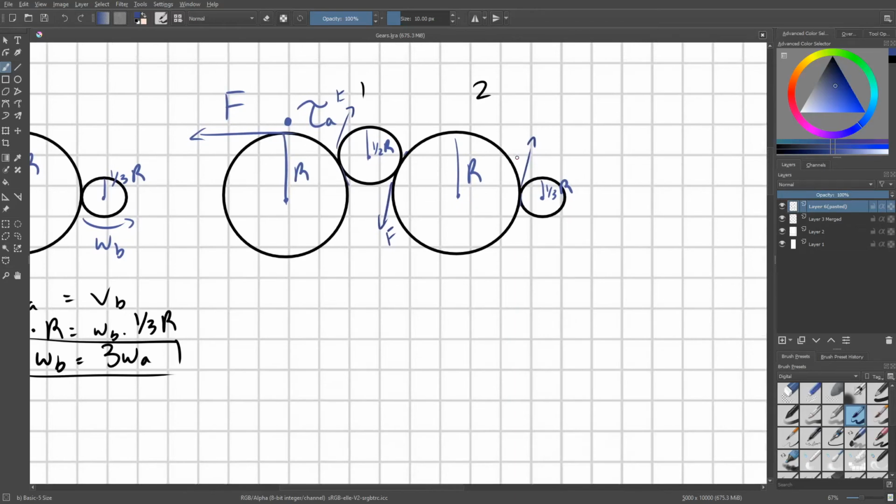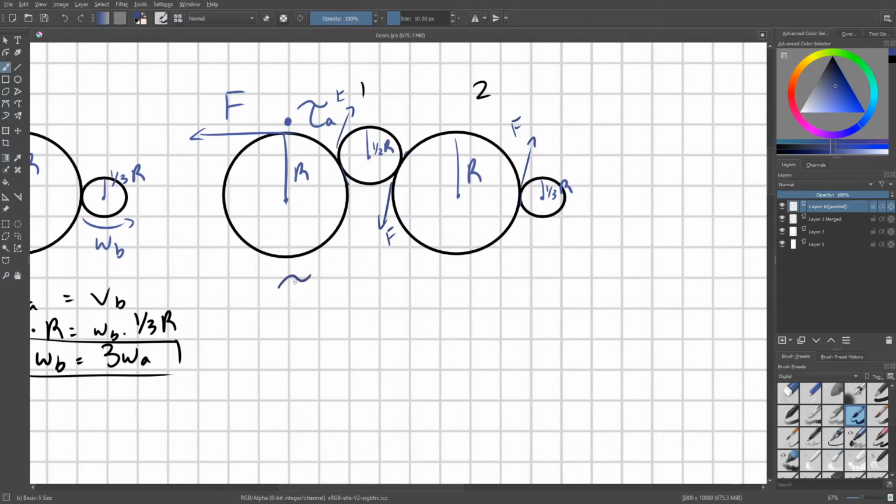Assuming we're not losing any energy, all these forces are going to stay the same. And in real practice, you lose energy between each of the gears. But if this force at the end is the same, all we have to do is solve for the force, substitute that back in, and find the torque on the final gear, right?